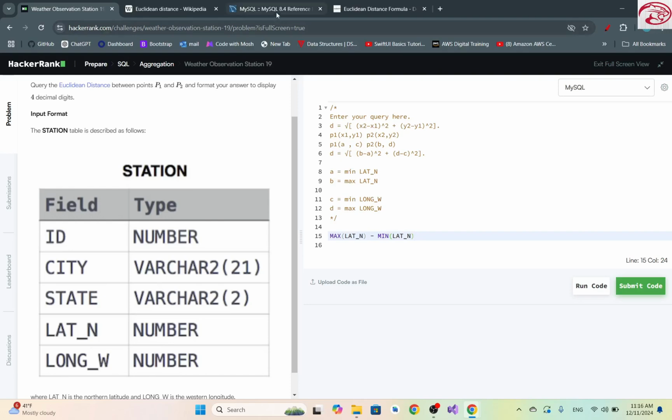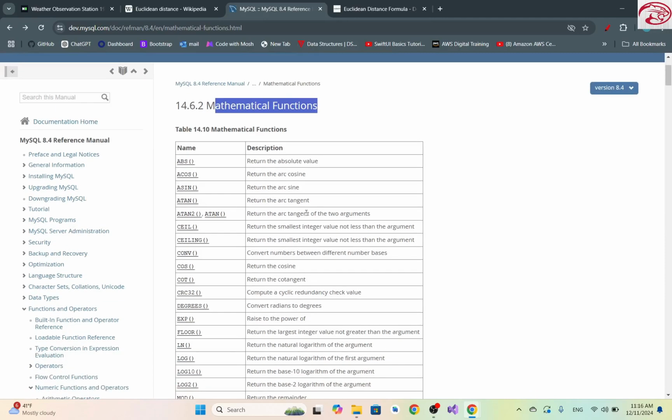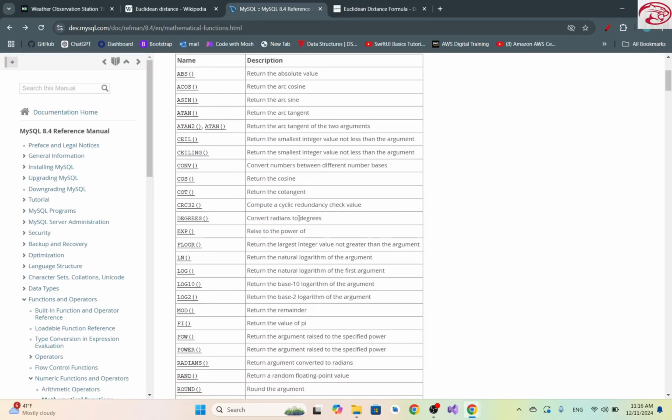in SQL. If we go to MySQL documentation, we have some mathematical functions here. For example, ABS returns the absolute value of a given argument. We have, for example, power. That returns the argument raised to the specified power.